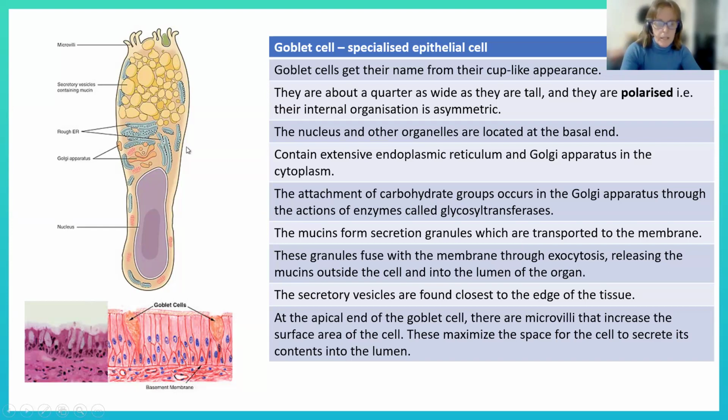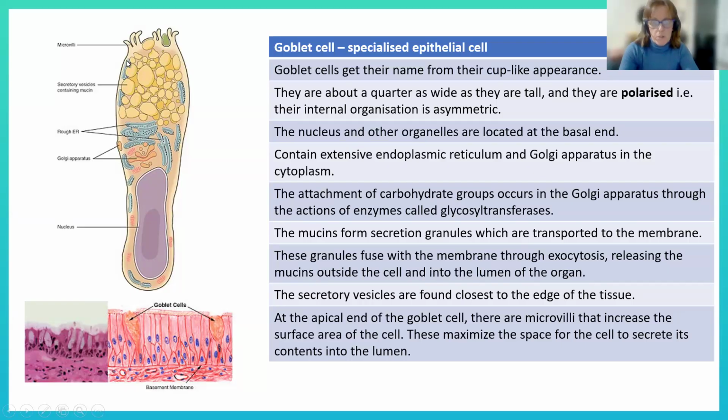And then if we look here, you can see there's microvilli, those little structures. You can see them up here. They look like fingers. They're not hairs, but people often describe them as hair-like because they look like hairs under the microscope, but they're much more like fingers in this diagram.